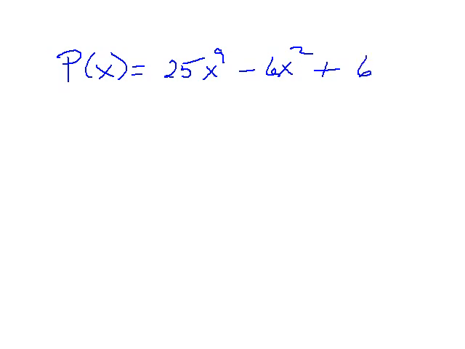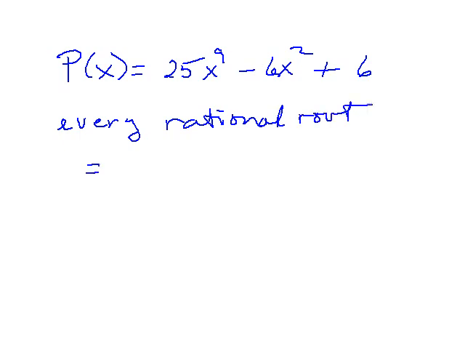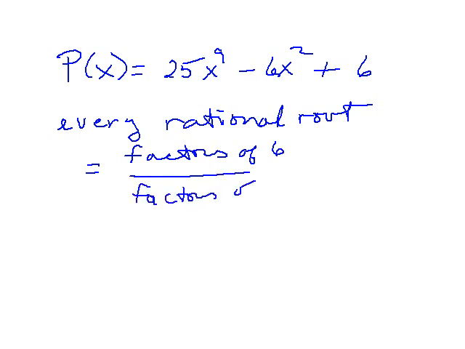The rational root theorem says that every, or all, whichever way you want to look at it, rational root is equal to a fraction made out of the factors of the constant, in this case 6: one of the factors of 6 divided by one of the factors of 25.